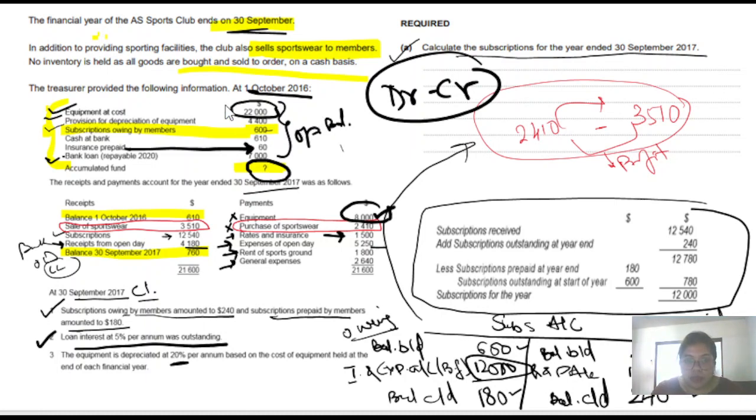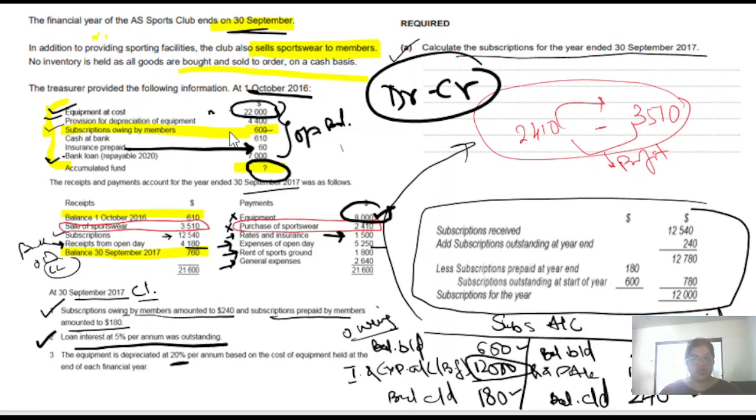Okay, so what you're going to do, just look at this. Debit, this is 22,000. Now deduct this. You know this is your debit balance, this is your credit balance, next is your debit balance. So you have to calculate it wisely.